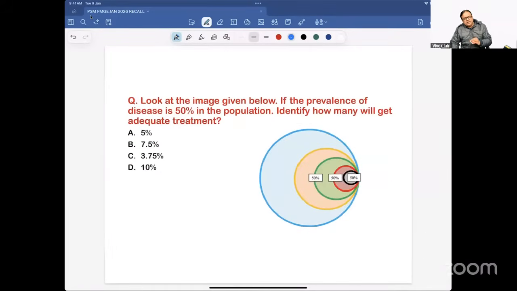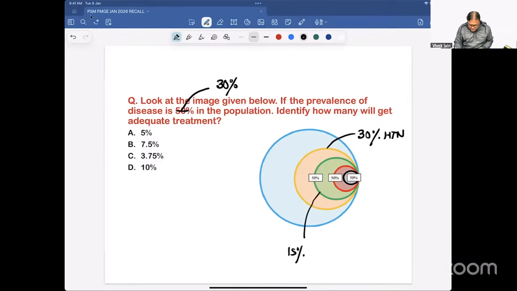Rule of halves every time it comes in your paper. If you remember, in one of your GTs also we kept a similar question. What was mentioned was that prevalence of the disease was not 50%. I think it was 30%. If the prevalence of the disease was 30% who are having hypertension, then out of them, 15% will develop symptoms, half of them.